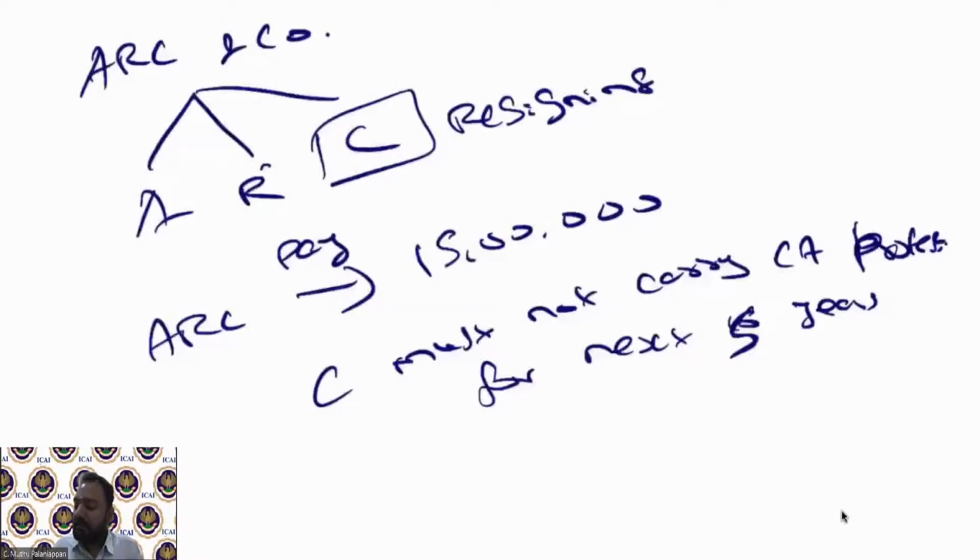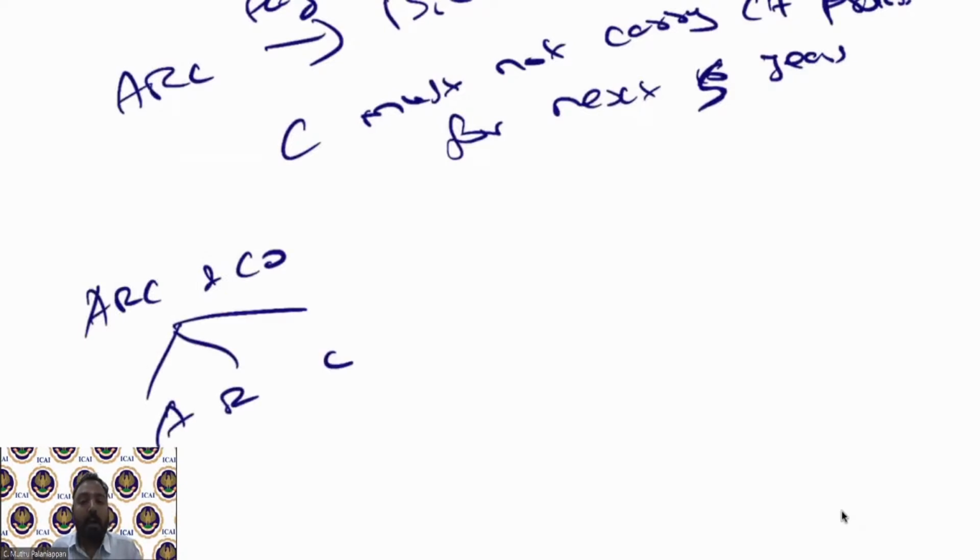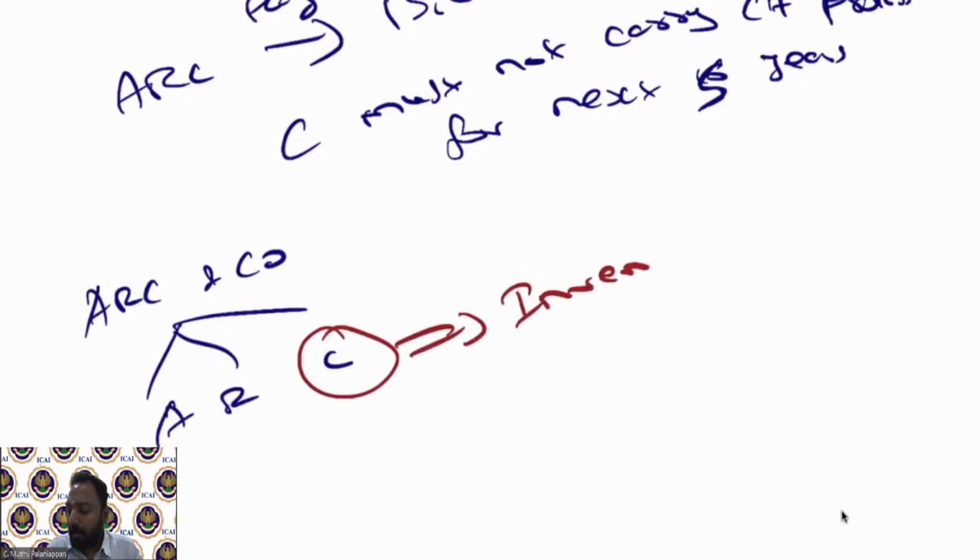Okay. Now let's take the same example of ARC and Co. 3 partners, ARC. Now, C has invented a CA software. There are various tax softwares, like there are Winman, Computex. There are several softwares.